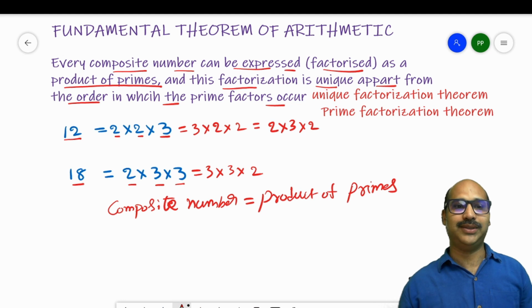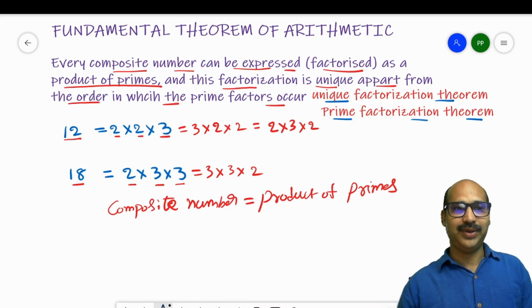So this is the fundamental theorem of arithmetic. This is also known as the unique factorization theorem, and also known as the prime factorization theorem. Now let us understand how we can get LCM and HCF by using this theorem.